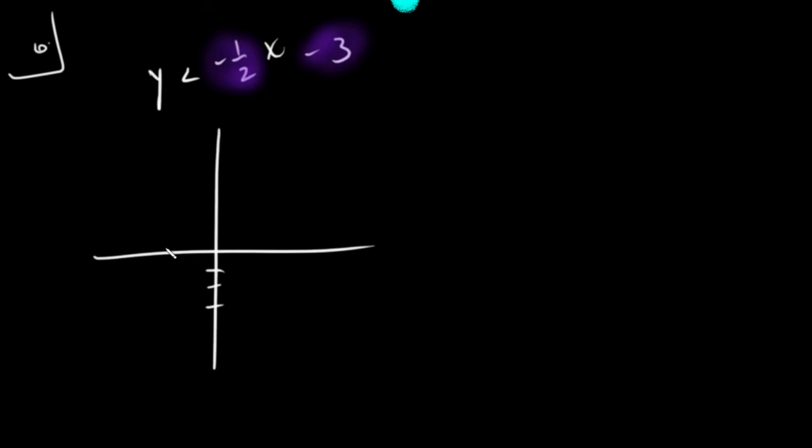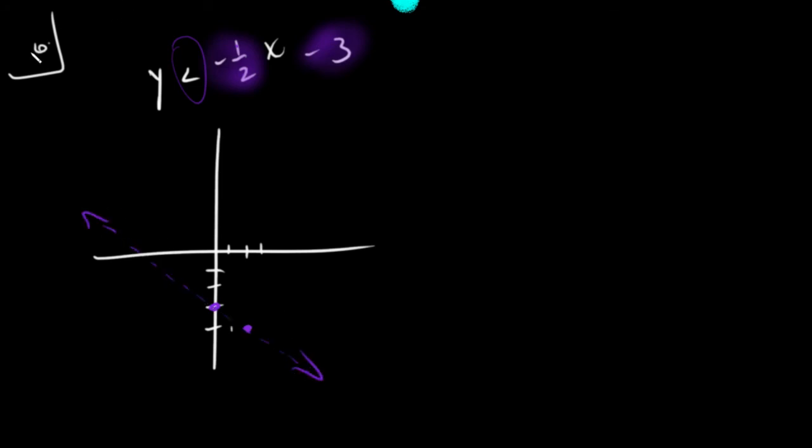You plot the y-intercept. Slope of negative 1/2. That's down 1, right 2. The reason you're going down is because the 1 is negative. Down 1, right 2. Connect the dots with a dashed line, since you're not equal to.